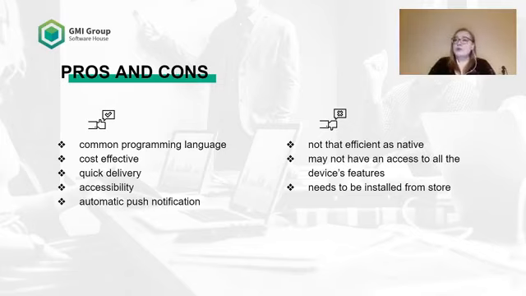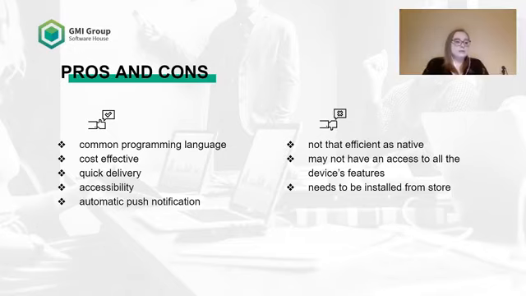So that's something you need to keep in mind also with the maintenance later, because, for example, you may hire the software house to create your app, but maybe you have in mind that later you want to have your own team that will look after the app. So then you need to think that prices for the developers that will take care of the native app are higher than prices for the developers that can take care of the hybrid app.